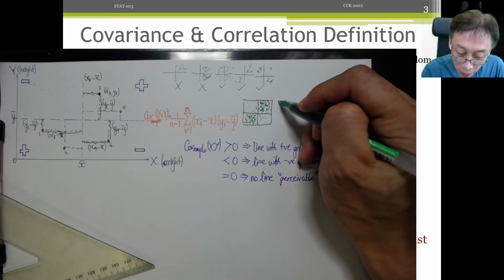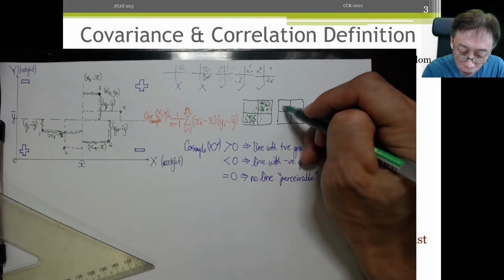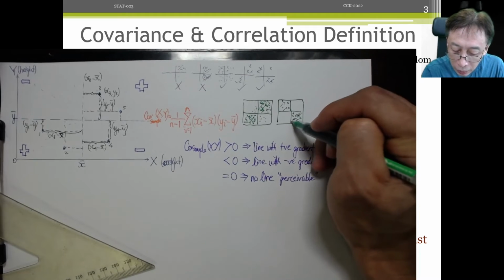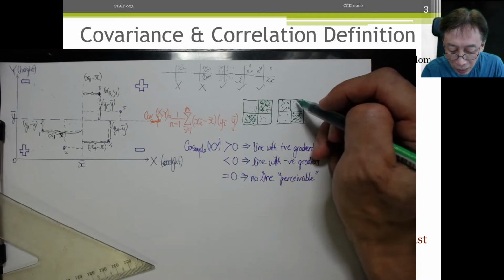And likewise, if most of the points are in quadrants 2 and 4, with occasional outliers in quadrants 1 and 3, it doesn't matter how outlying they are.